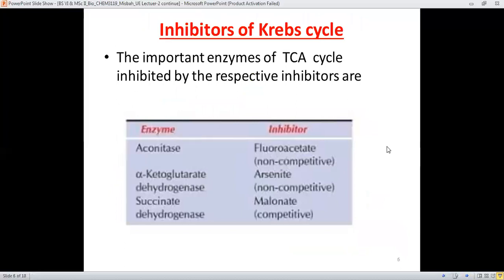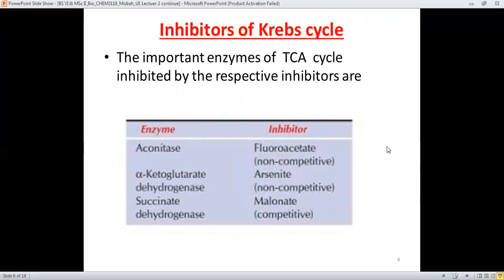Here are some inhibitors of the Krebs cycle. There are many important enzymes responsible for the sequence of the Krebs cycle, and three important enzymes are listed here, with their inhibitors also shown.